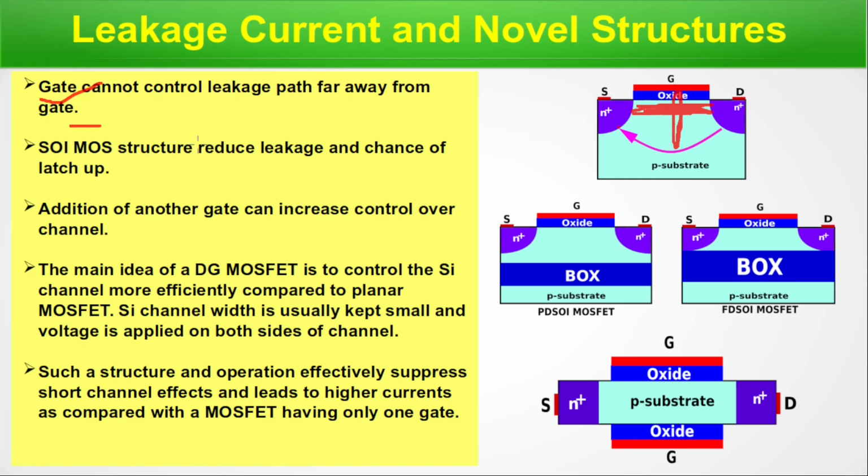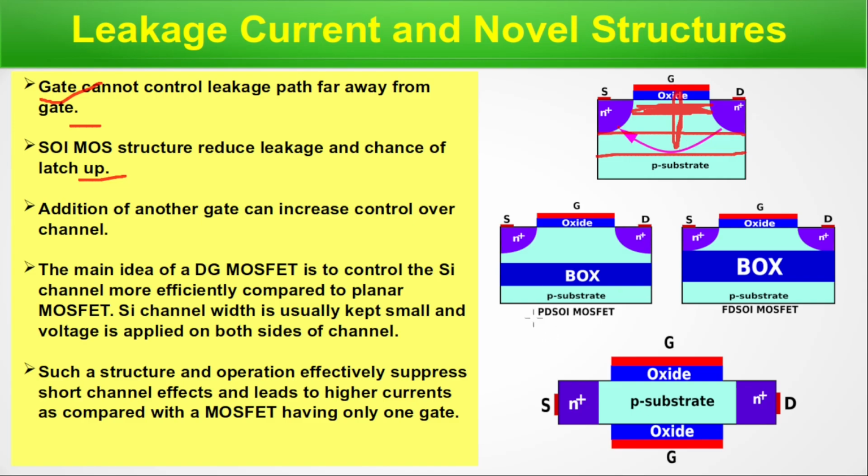So the SOI MOS structure reduces leakage and the chance of latch up. We have already discussed that since this area contributes to leakage, if we remove the substrate here and replace it with silicon dioxide, that is the BOX layer, the buried oxide layer, no current will flow from here. If we replace that substrate with silicon dioxide, there will be no available leak carriers and there will be no leakage current.